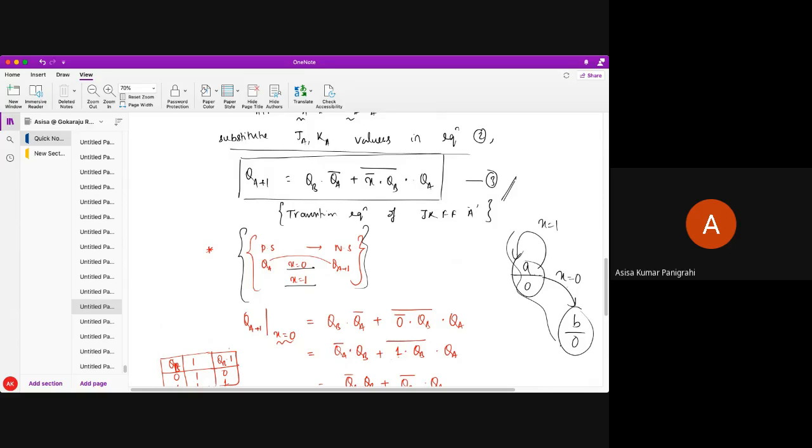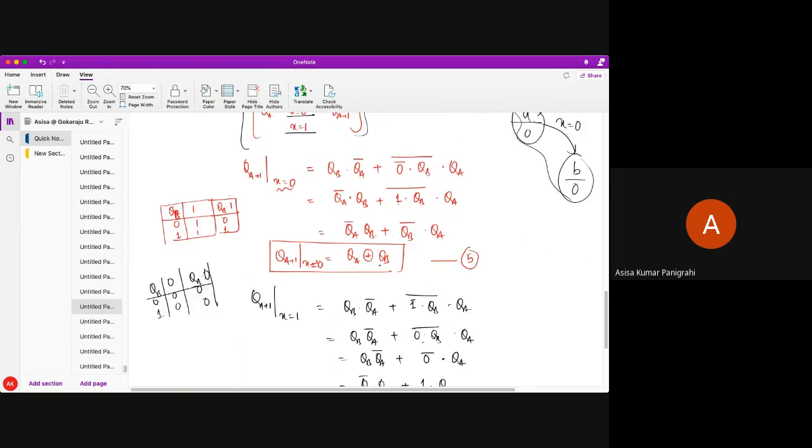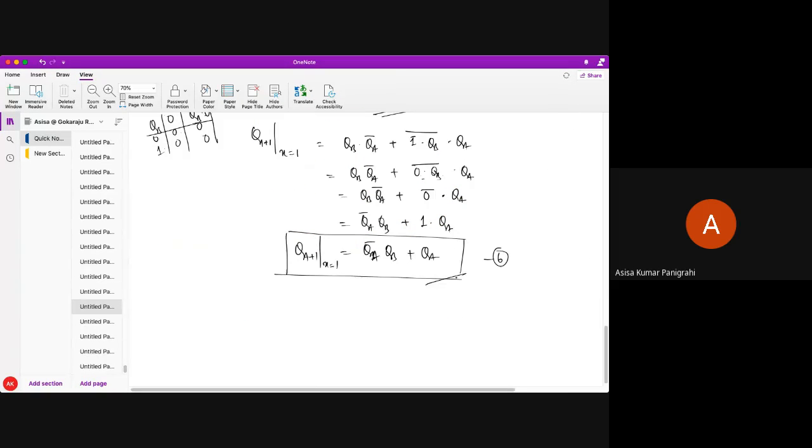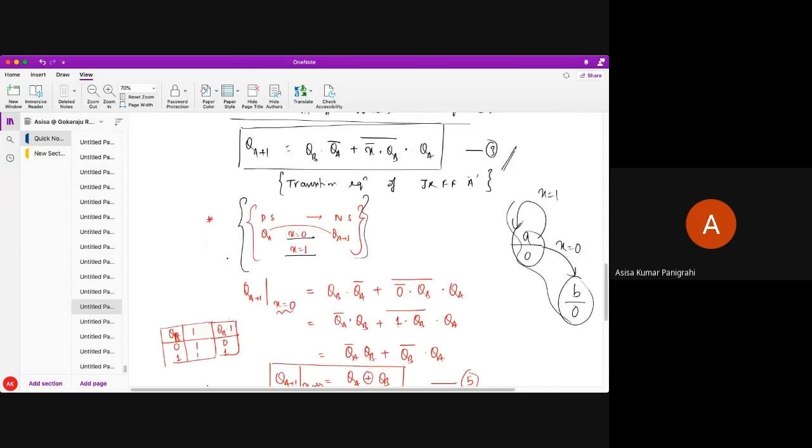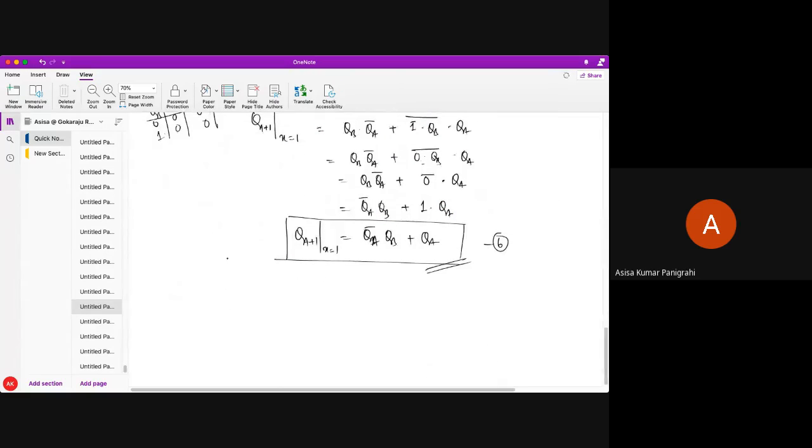That is the reason I have done here transition equation for x equal to 0 as well as for x equal to 1. Understand? This one is for JK flip-flop A. Now similarly same thing you are going to do for JK flip-flop B. Are you understanding or any doubt students? Please let me know. If you have any doubt, please unmute and ask me students.